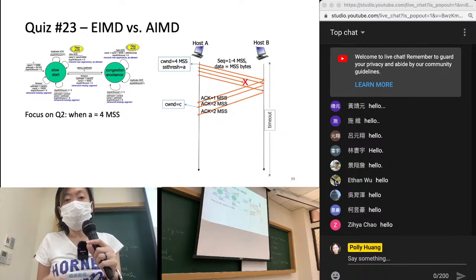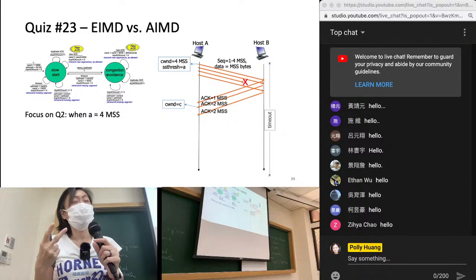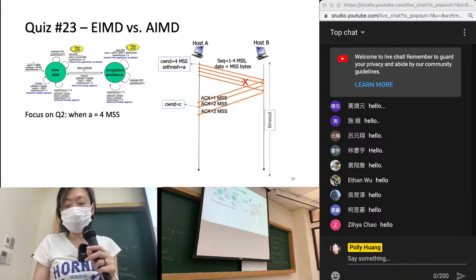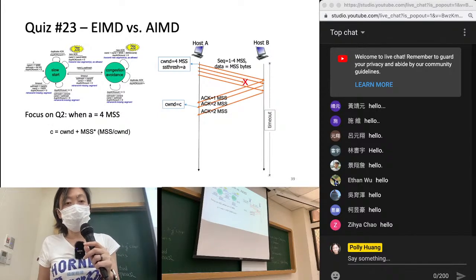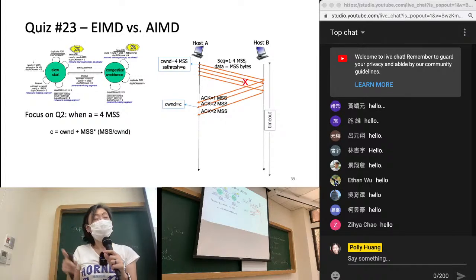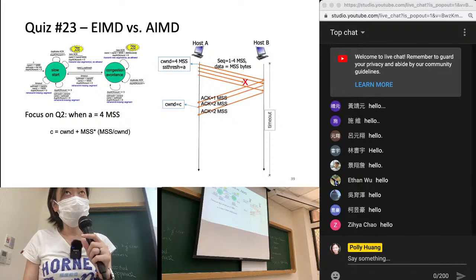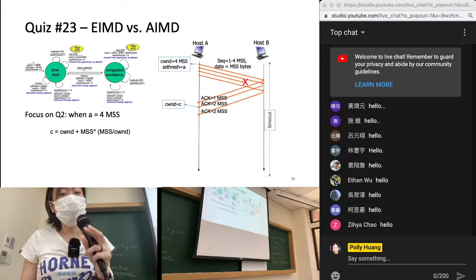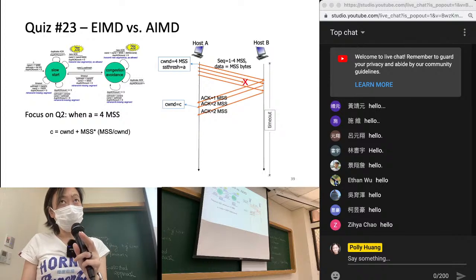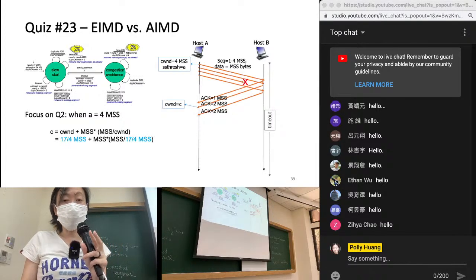So C is when we receive the ACK for packet 2 MSS. So let's apply the same technique. C should be the current congestion window size plus MSS divided by CWND. Let's substitute CWND with the current window size. What is that? We just calculated it, right? 17/4.